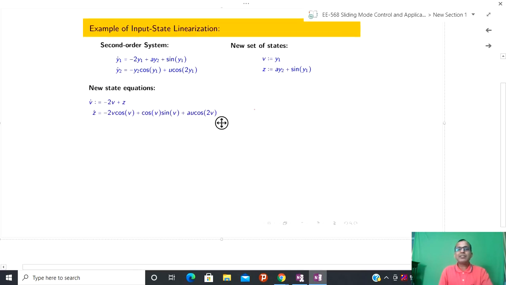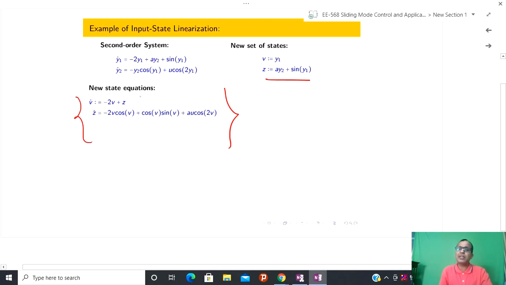Now once you define this new transformation, if you take the derivative, v dot equal to y1 dot, and z dot equal to the differentiation of this. It is possible to show that by putting v equal to y1 and z equal to this quantity, I will get this.